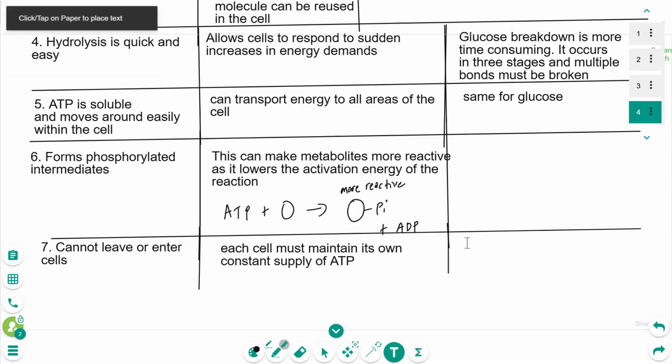On the other hand, glucose is free to enter and exit the cell.